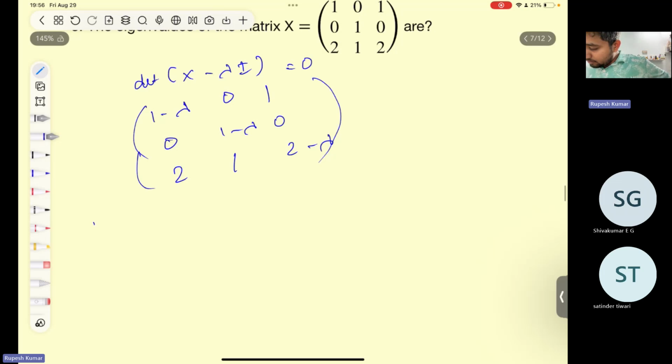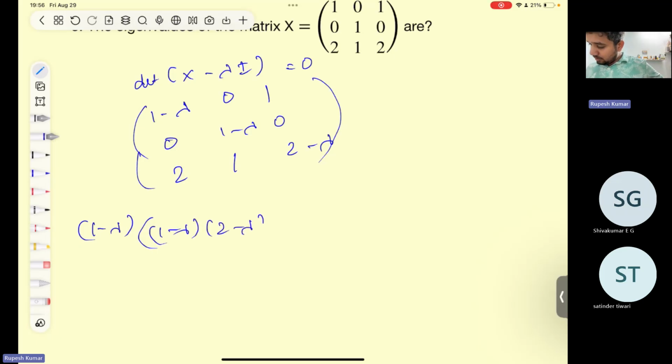This will be 1 minus lambda into 1 minus lambda times 2 minus lambda minus 0. Fine. Minus 0 into something is always 0, plus 1 into 0 minus this. So lambda minus 1 into 2, right?